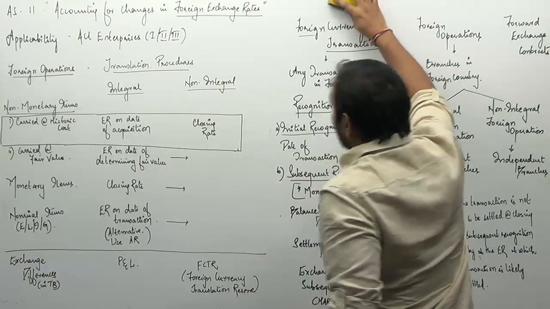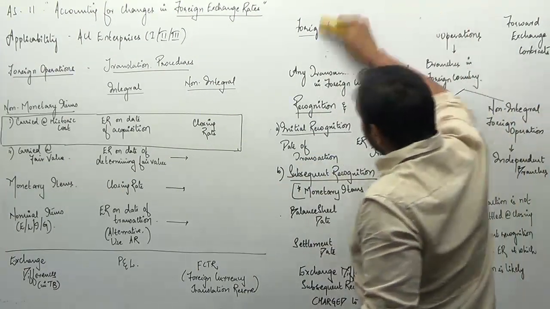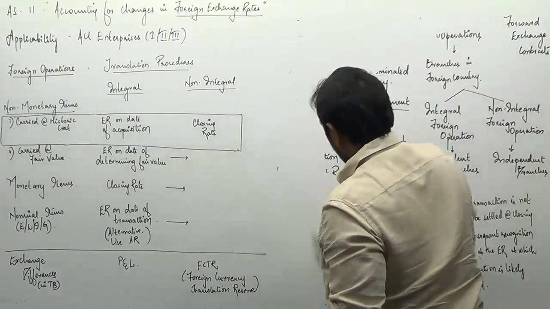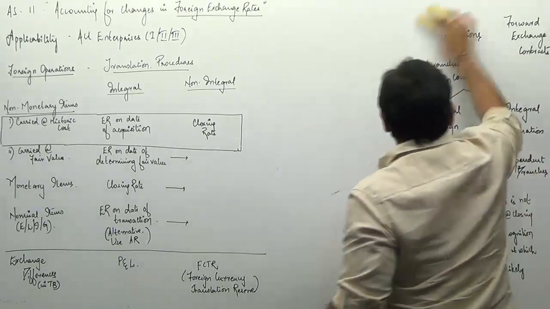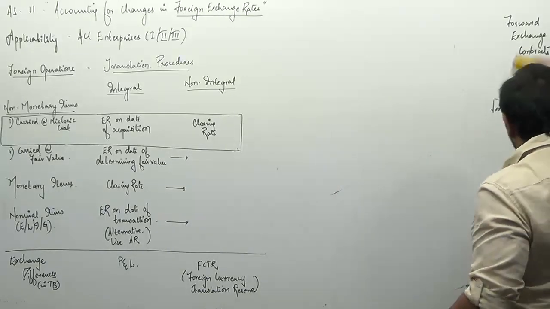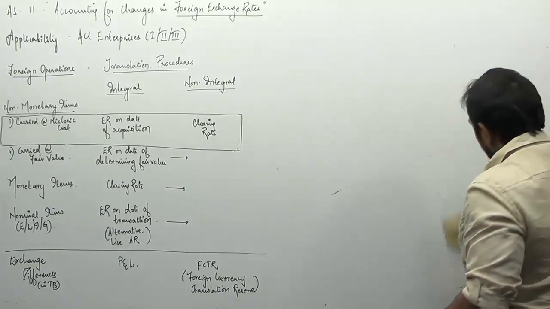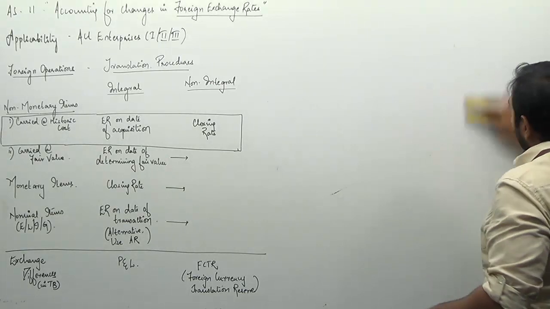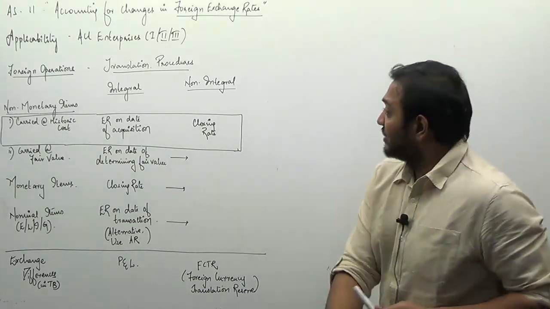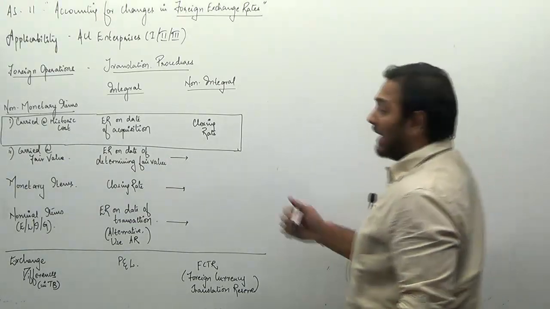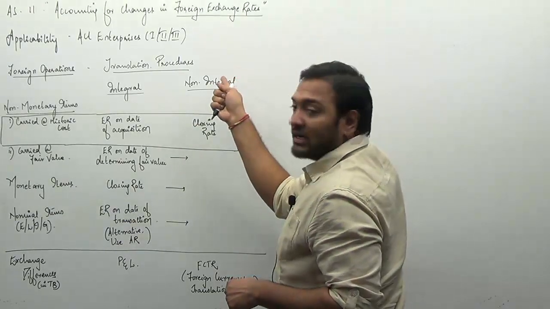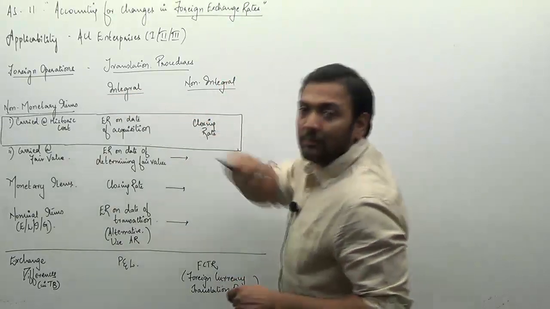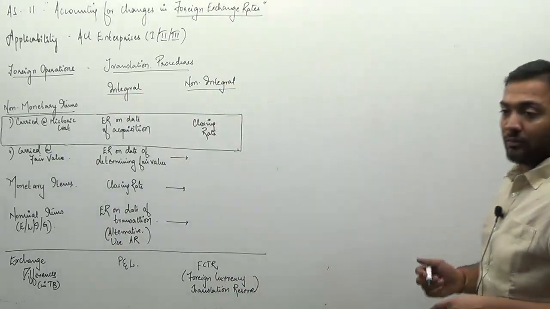Yes guys, still in foreign operations itself, there could be a situation where an integral foreign operation can be reclassified as non-integral later, or a non-integral being reclassified as integral later on.